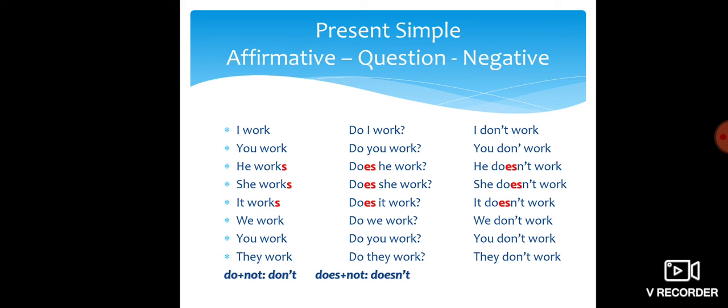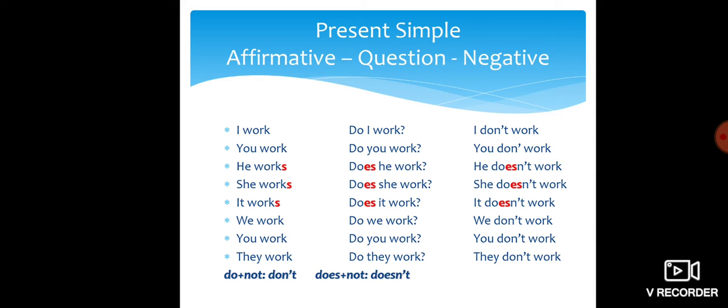In this chart, we have sentences in the present simple: affirmative sentences, interrogative sentences, and negative sentences. In affirmative sentences, we notice a difference with the pronouns he, she, and it. In questions, we also see that in the third person, for the pronouns he, she, it, we use a different auxiliary, which is does.